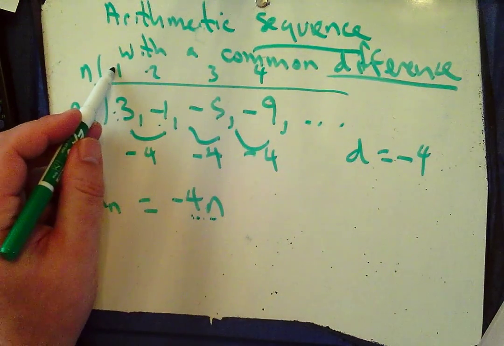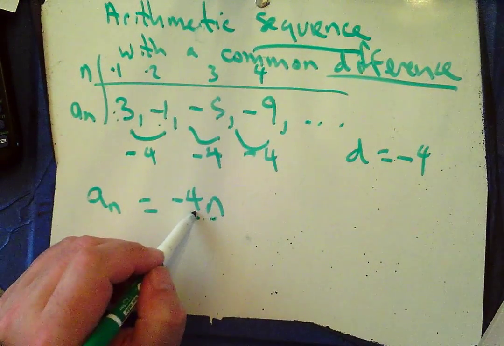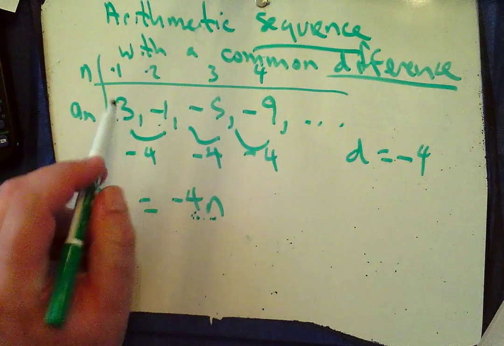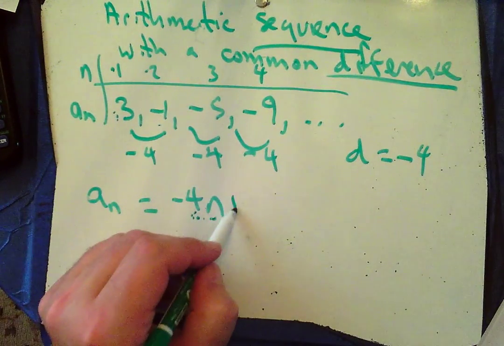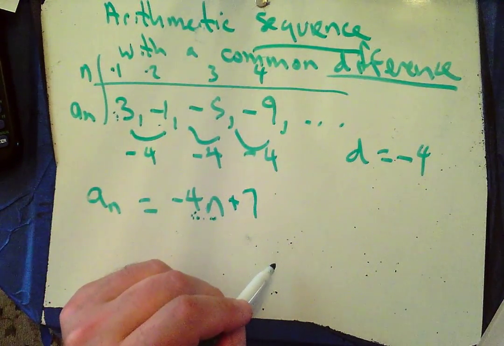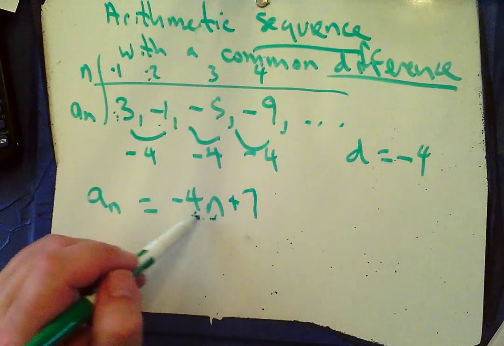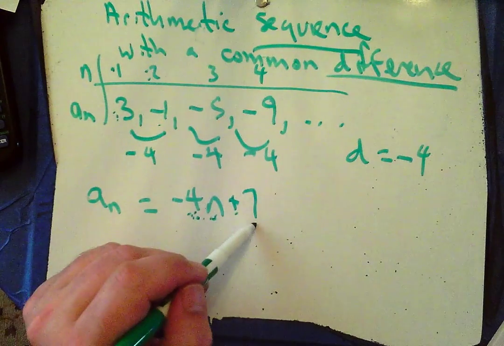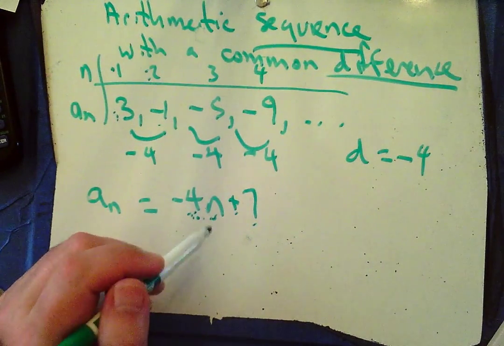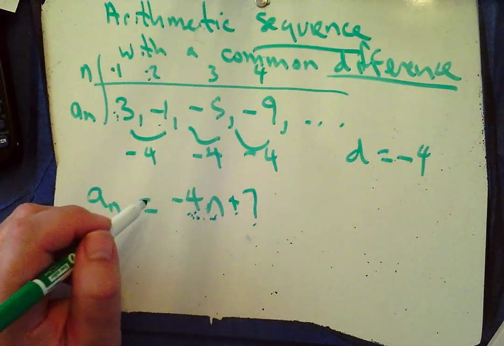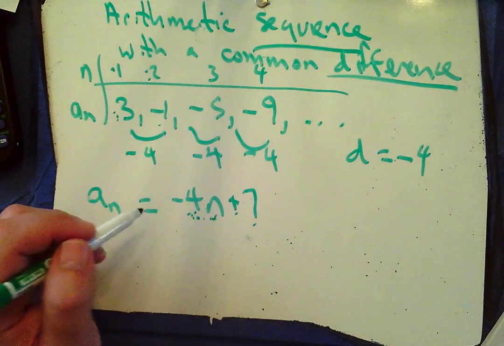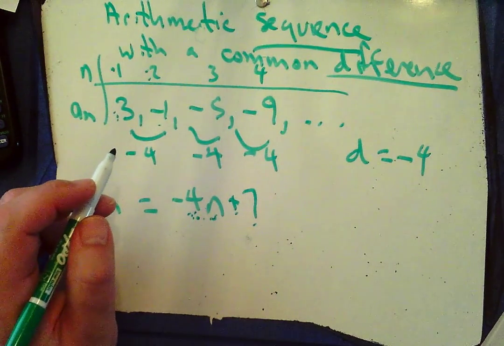If I plug in a 1, 1 times negative 4 is negative 4, and I want positive 3, so I'm going to have to add 7. If I plug in a 2 then, I get negative 8, plus 7 is negative 1. See, that's why I like step 5, test again, just to make sure you added or subtracted properly.